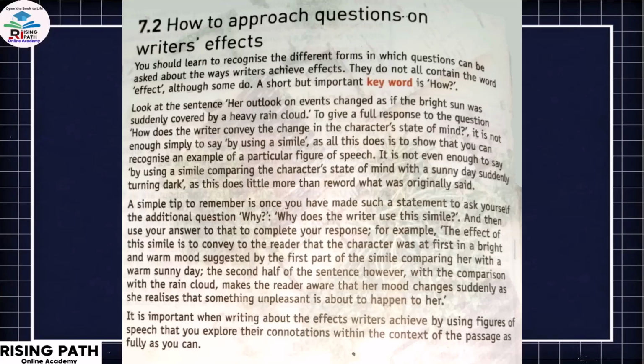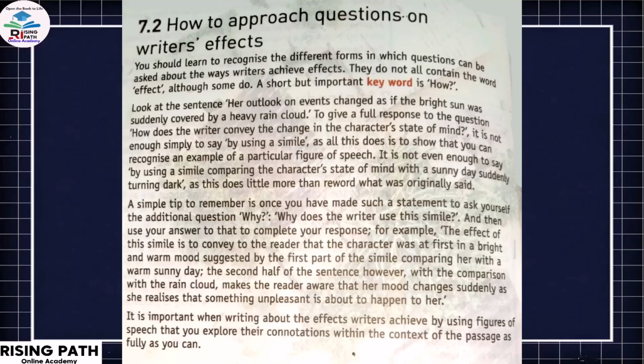Look at the sentence: Her outlook on events changed as if the bright sun was suddenly covered by a heavy rain cloud. To give a full response to this question, how does the writer convey the change in the character's state of mind? It is not enough simply to say by using a simile, as we have read that a simile has been used.